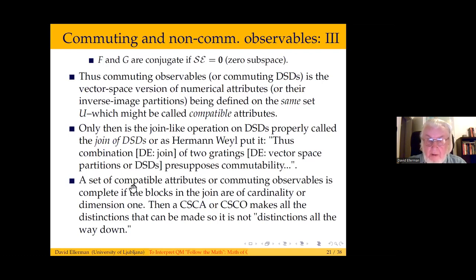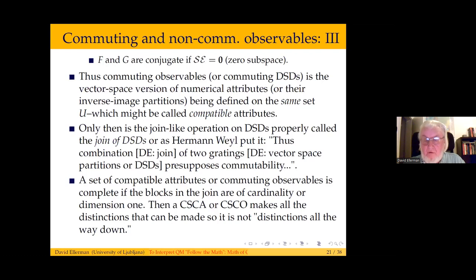Another point here is that we're comparing these numerical attributes defined on the same set and commuting observables in the quantum case. If you have a complete set of compatible attributes in the set case, it means their join is a discrete partition. It means that those attributes distinguish everything.